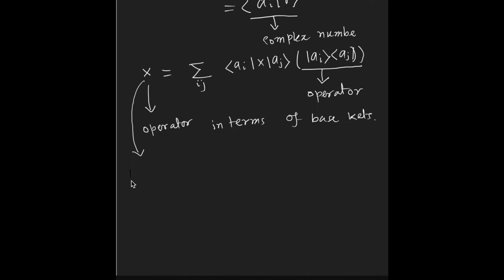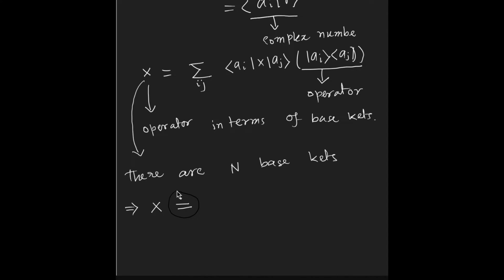Suppose that there are n base kets, then we can write X in terms of a matrix.